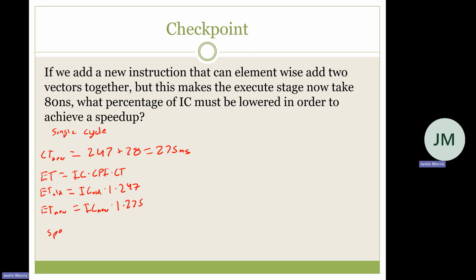And then what's speed up? IC old times 247 divided by IC new times 275. And what do we need this to be greater than to achieve speed up?